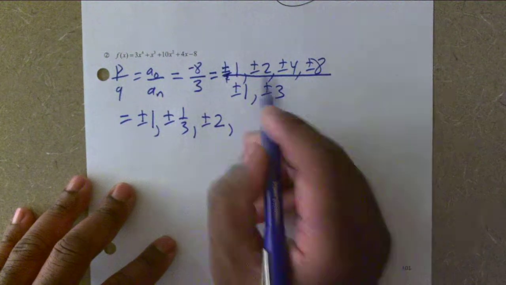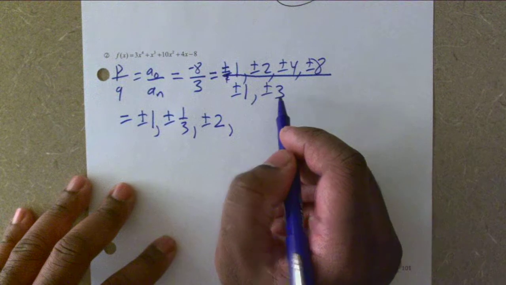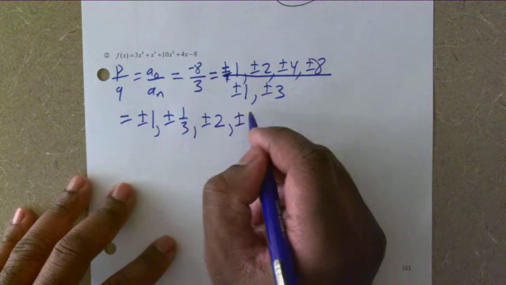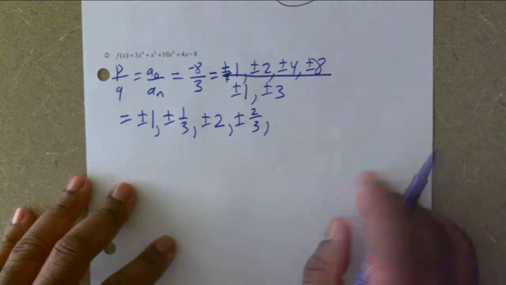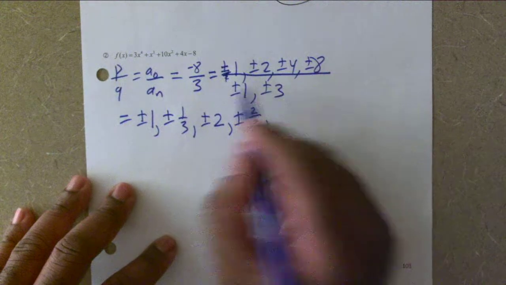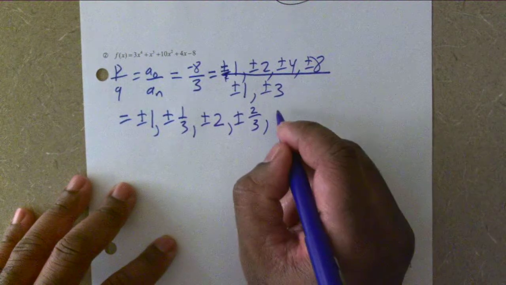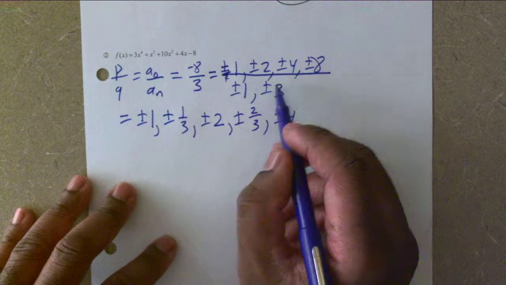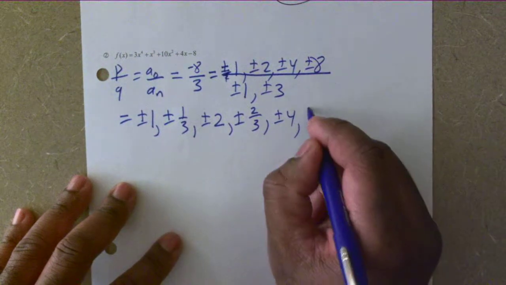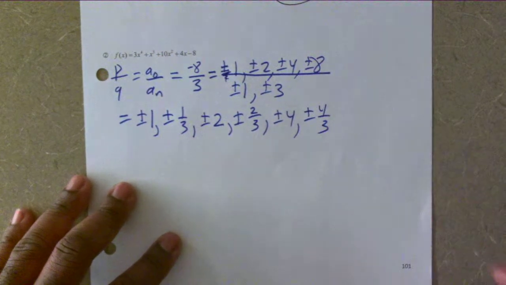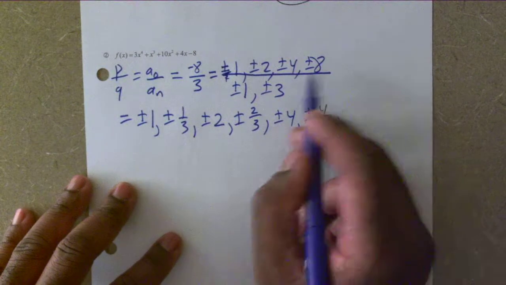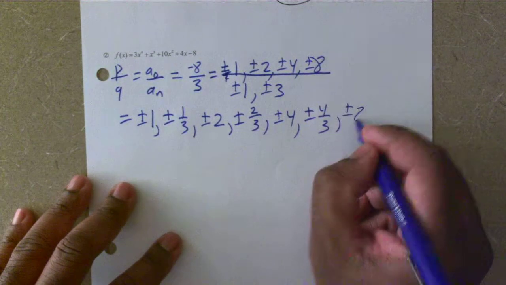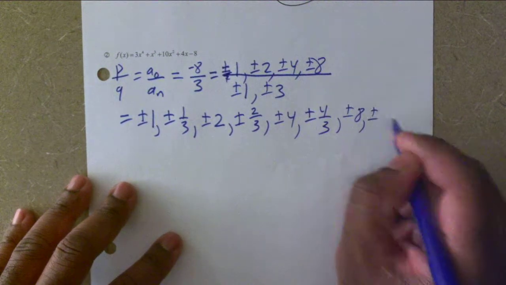And positive or negative 2 divided by positive or negative 3 will be positive or negative 2/3. Positive or negative 4 divided by positive or negative 1, positive or negative 4. And then positive or negative 4 divided by positive or negative 3 is positive or negative 4/3. And then we come here, this would be positive or negative 8, and then positive or negative 8/3.